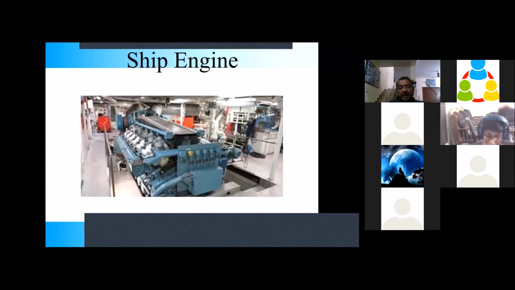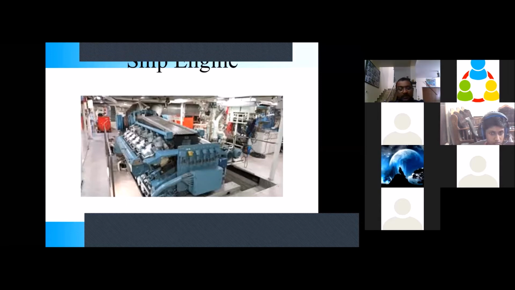Diesel engine is actually a heat engine. It comes under the head of heat engine. So do you have a heat engine in your home? You have.